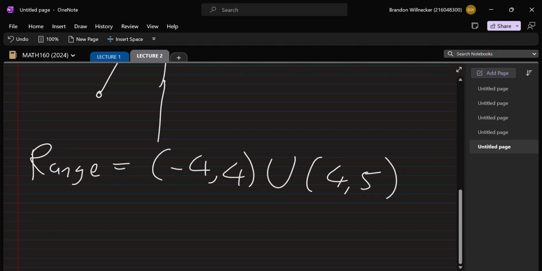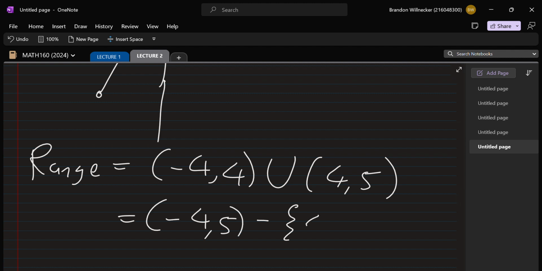Okay, and if you want to be a bit creative with this, we can write this as the interval minus 4 to 5 minus the singleton at 4. Oh, sorry, yeah, that's the square bracket there.